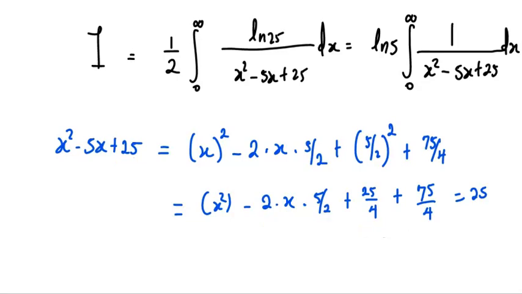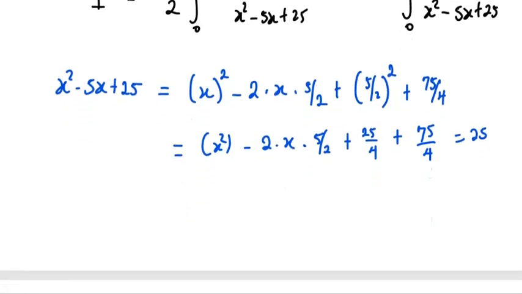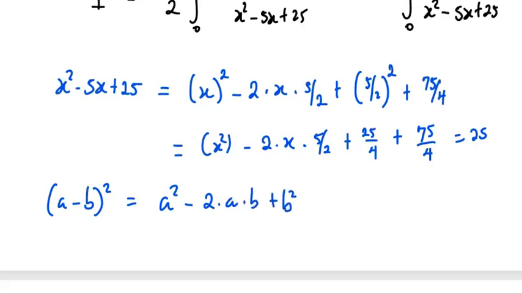Okay, so we know this algebraic property that a minus b whole squared is equal to a squared minus 2 times a times b, and then plus b squared. So if you take a look, our a here is equal to x, while our b is equal to 5 over 2.